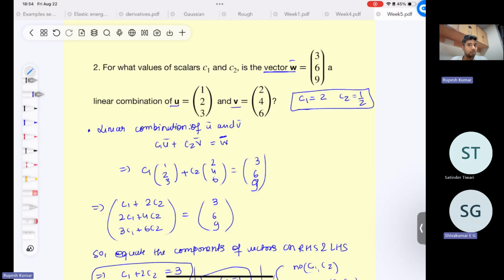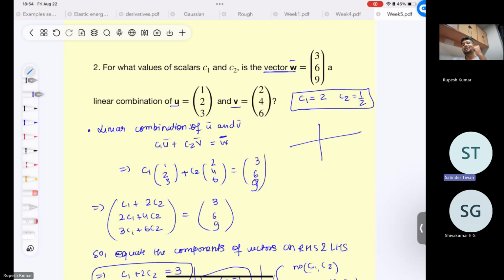These are vectors, these are not points. If these are vectors, in terms of vectors, U is a vector 1, 2, 3, V is a vector 2, 4, 6. So they are not in the same direction. Why are you telling same direction? It's a linear combination, C1U plus C2V.